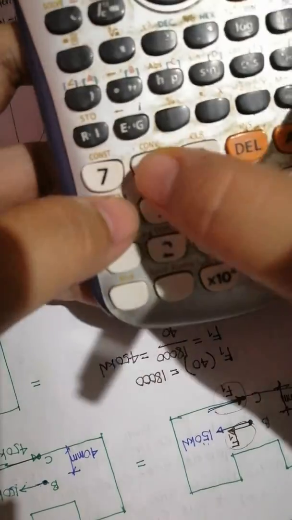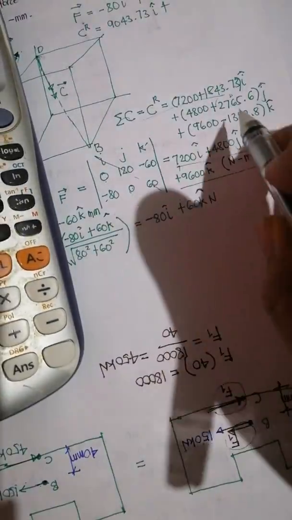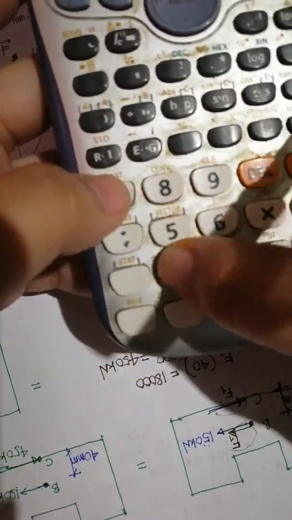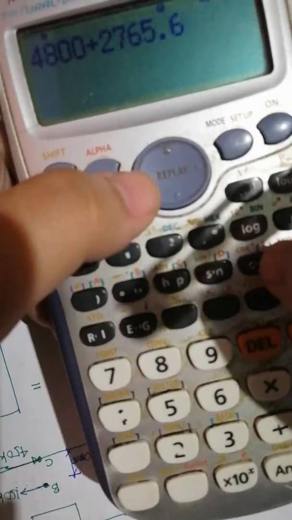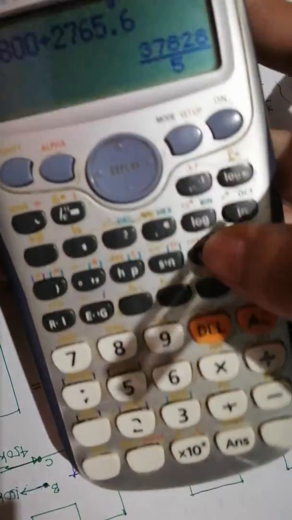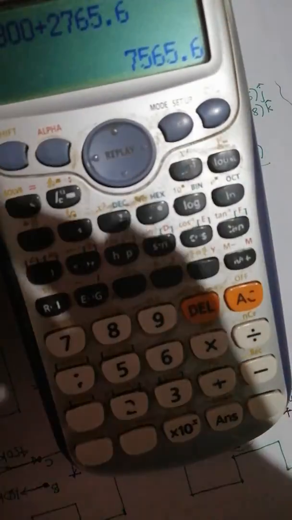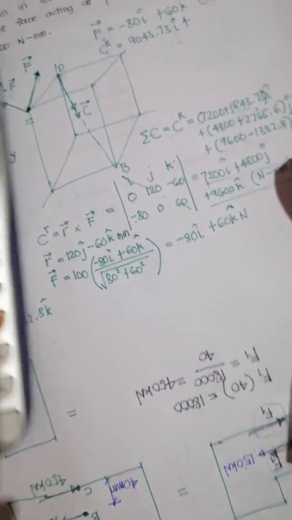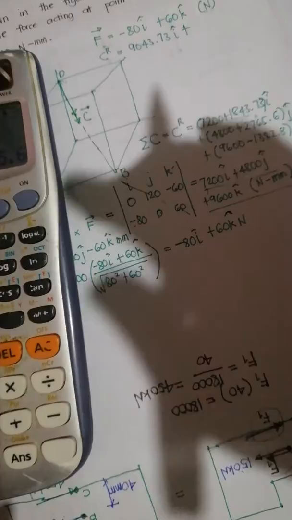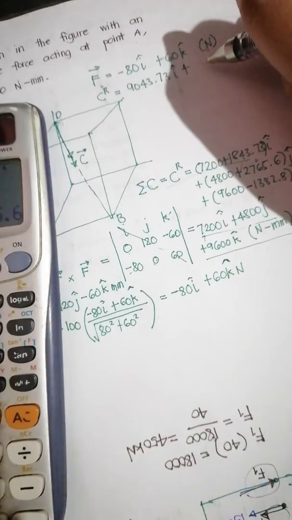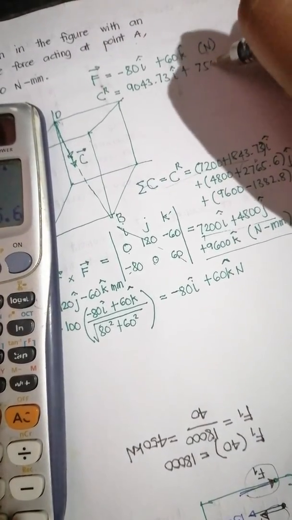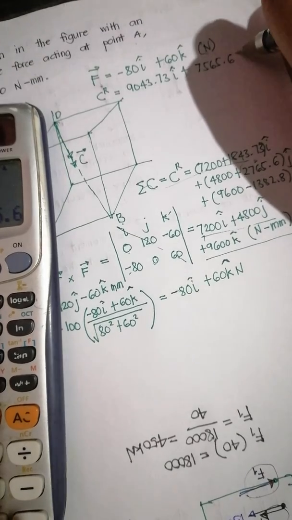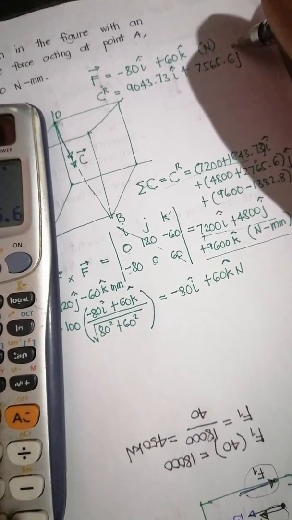Plus for the j hat, 4,800 plus 2765.6 is 7565.6 j hat.